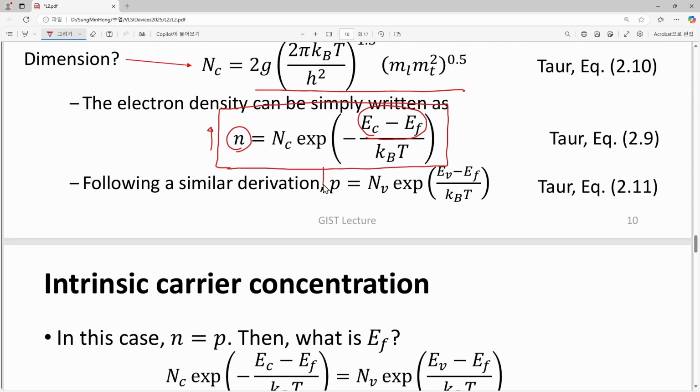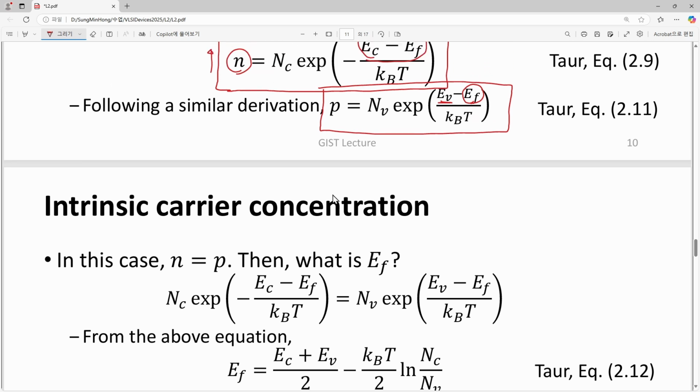Also, for hole density, we can find a similar one. If EF is relatively close to the valence band maximum, then we will have a higher and higher hole density.